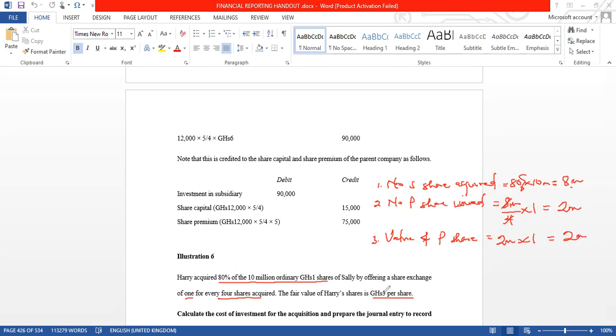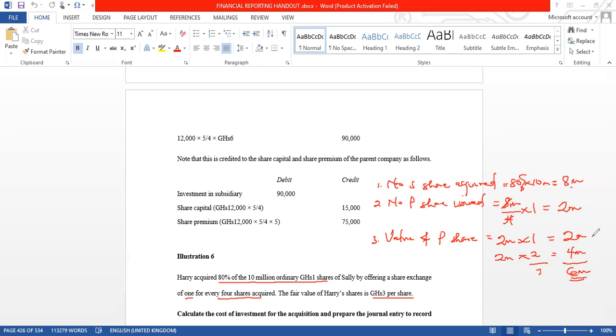Share price being 3 cedis means that we are paying 2 cedis on top. So that one is going to give us 4 million here. Because at the end of the day, it means that we issue 6.